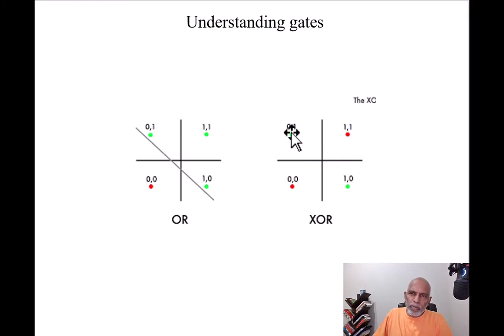If one of them is 0 and the other is 1, then the output value is 1. That is an exclusive OR gate, and this cannot be built with the perceptron network. I haven't come to the multilayer perceptron yet. A perceptron network cannot solve this problem.